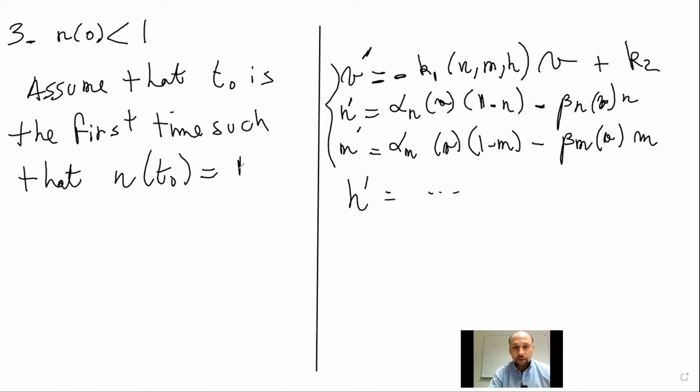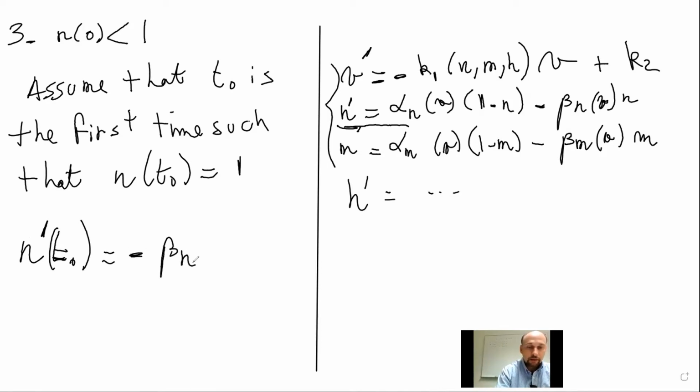All right? And then we're looking here at this expression. So we will get n prime equals, so at time t0, if you want to be precise, if n equals 1, this is 0, so it remains only minus beta n of v of t0.